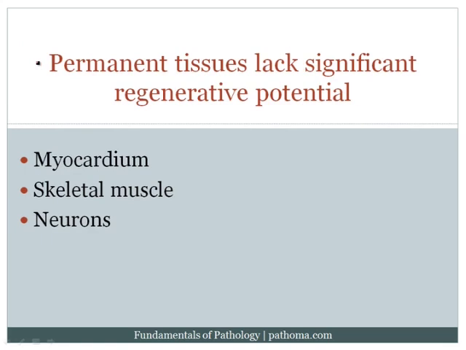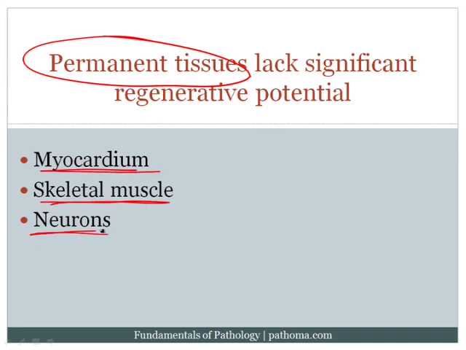The third type of tissue in the human body is called permanent tissue, and it's called permanent because it lacks significant regenerative potential. There are three key tissues in the human body that lack significant regenerative potential: the myocardium, the skeletal muscle, and the neurons.